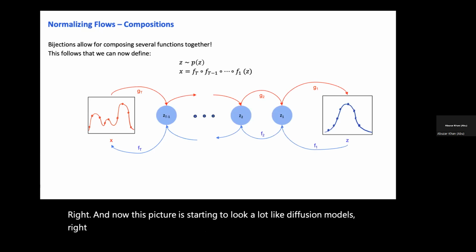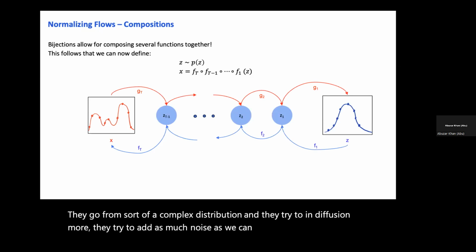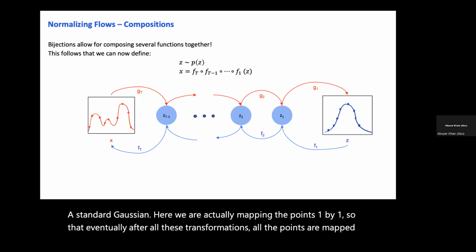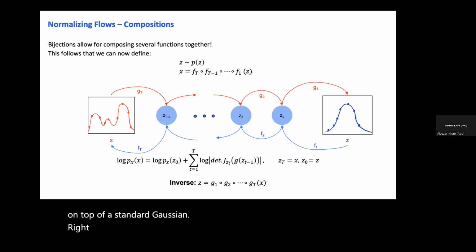In essence, they are doing a very similar thing. They go from a complex distribution, and in diffusion models we try to add as much noise as we can to reach a standard Gaussian. Here, we are actually mapping the points one by one so that eventually, after all of these transformations, all the points are mapped on top of a standard Gaussian. That's the key difference here.